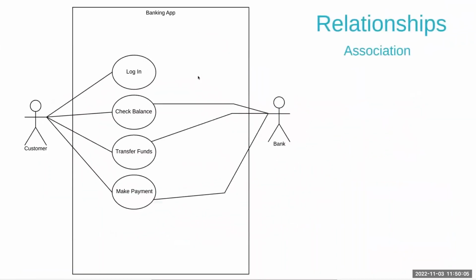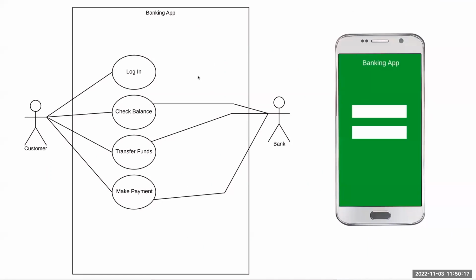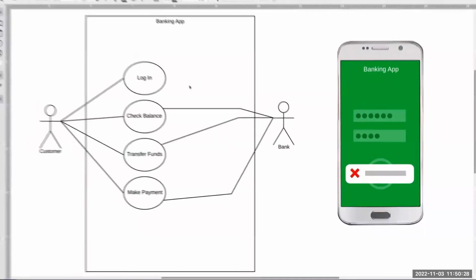There are 3 other types of relationships in addition to association. There's include, extend, and generalization. Let's build out this diagram with additional use cases in order to explain these types of relationships. When a customer types in their login information, our banking app is going to verify the password before completing the login process. But if the password is incorrect, the banking app is going to display an error message.